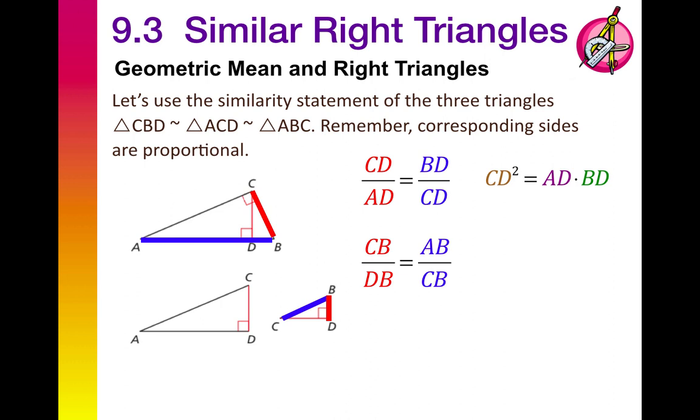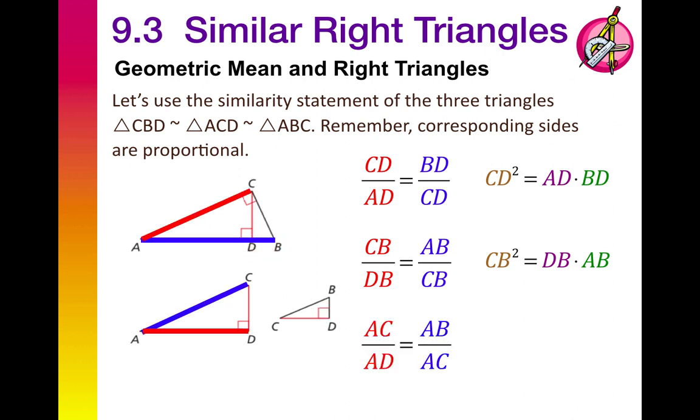So we make this relationship and we cross multiply, and we get CB squared is equal to DB times AB. So this leg here squared is the geometric mean of this whole length here times this little length here.